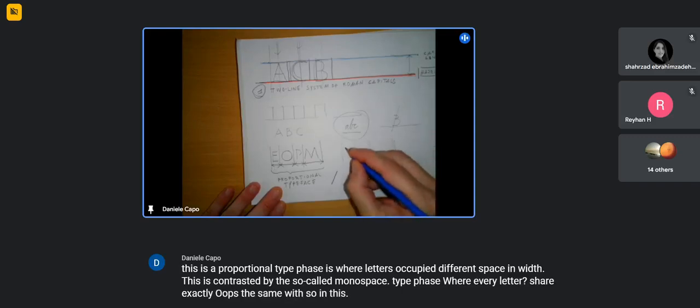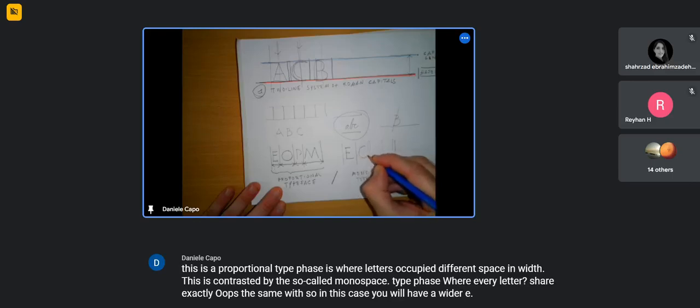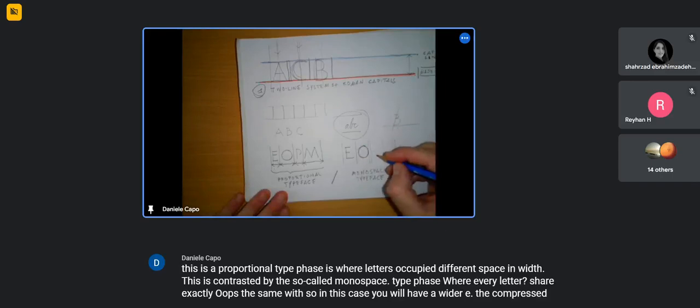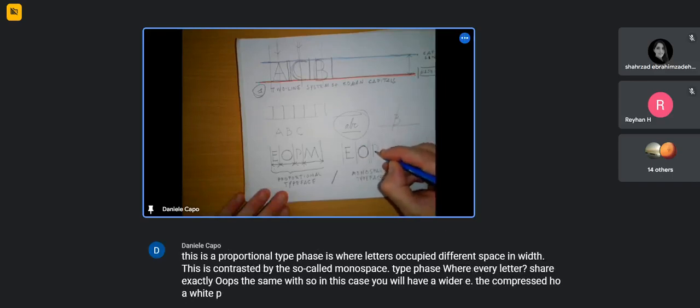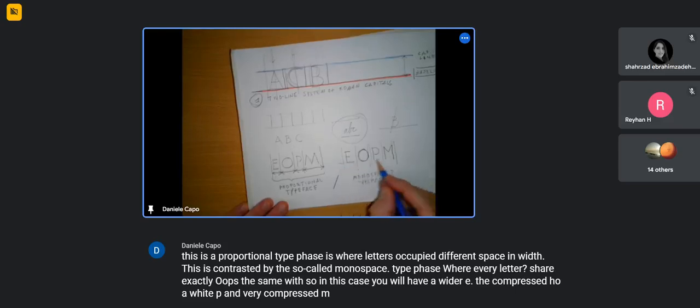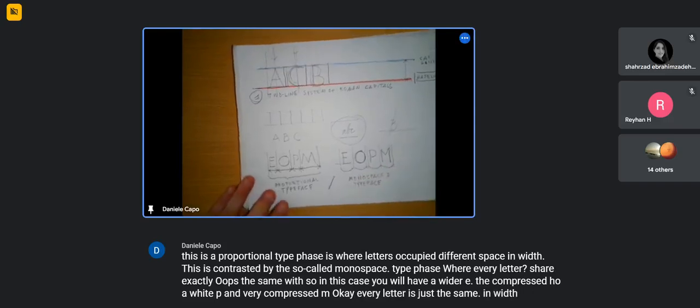So in this case, you will have a wider E, a compressed O, a wide P, and a very compressed M. Okay? Every letter is just the same in width.